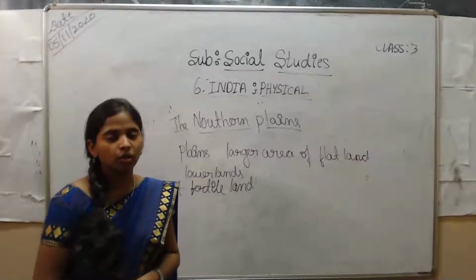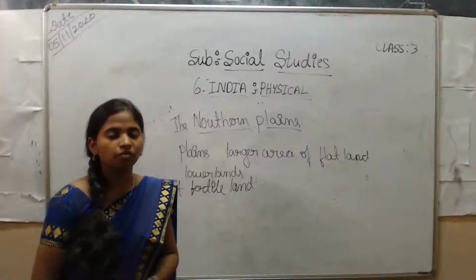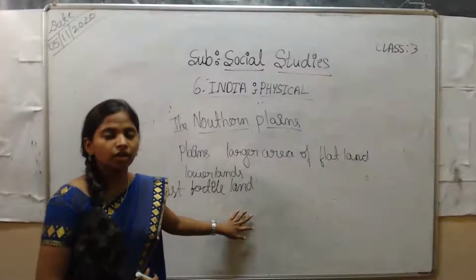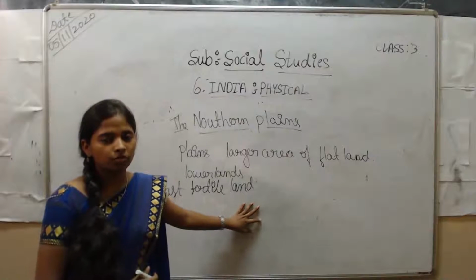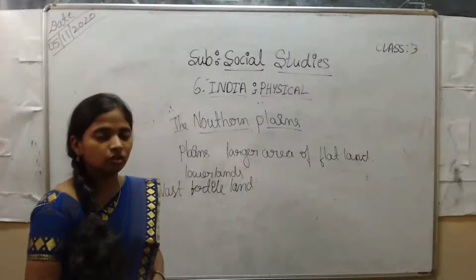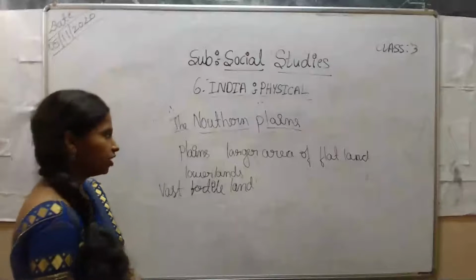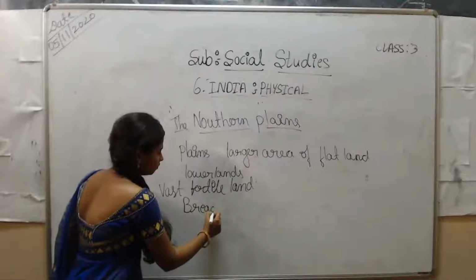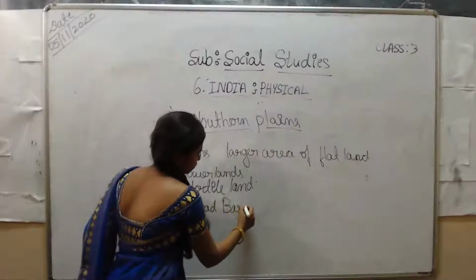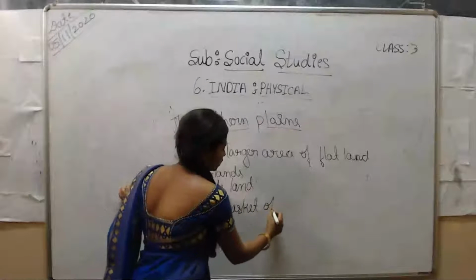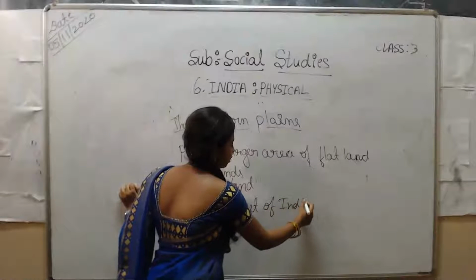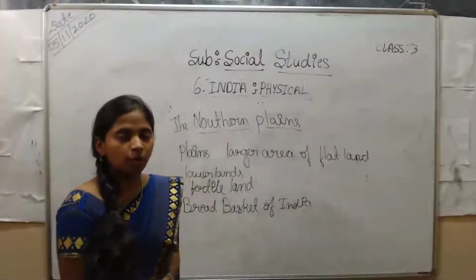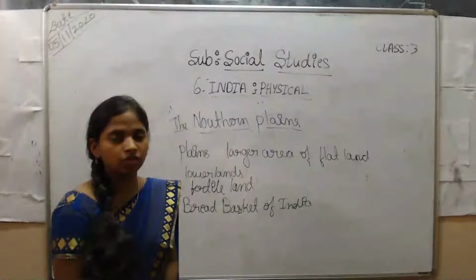By holding the water, that land becomes eligible for growing crops. Our country gets most of its crops from the northern plains, which is also known as the bread basket of India. Most of the population is present in the northern plains because of this fertile land.